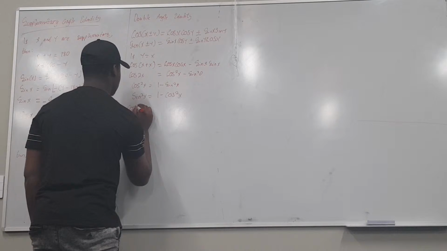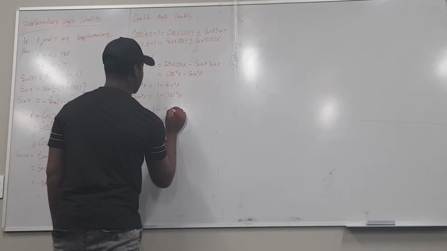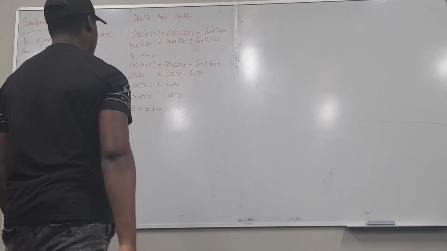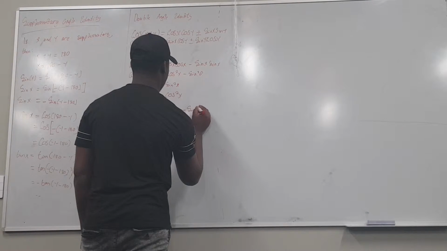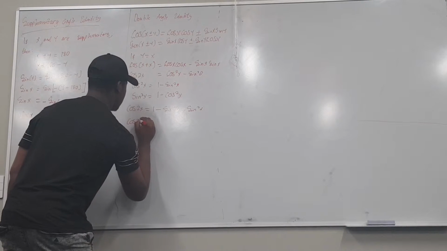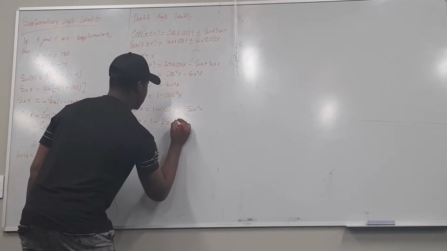So cosine 2x is equal to 1 minus sine squared x, minus sine squared x. So cosine 2x is equal to 1 minus 2 sine squared x.